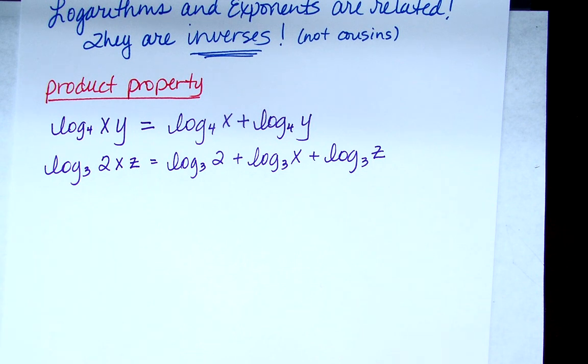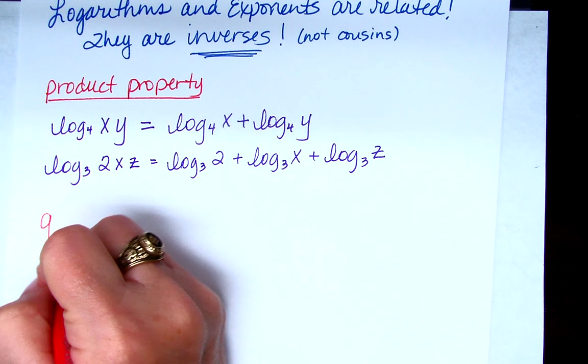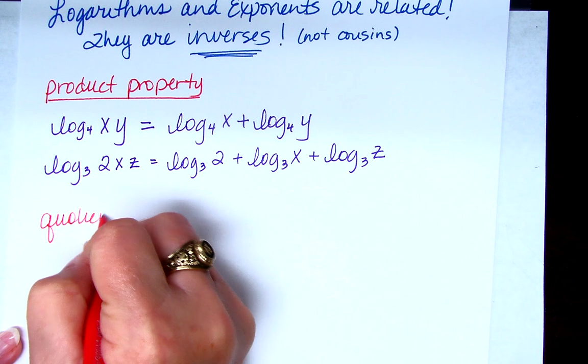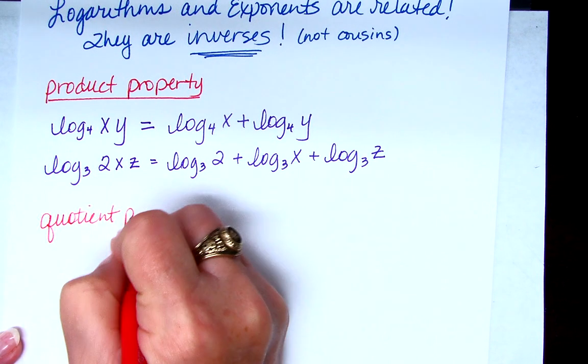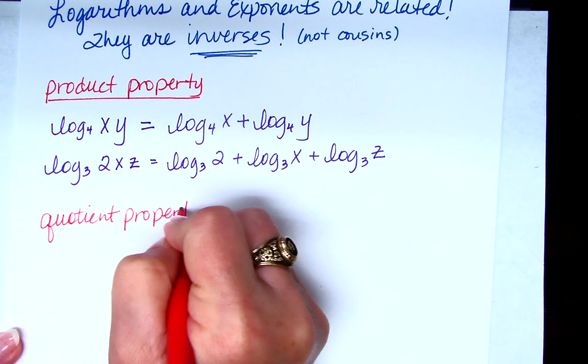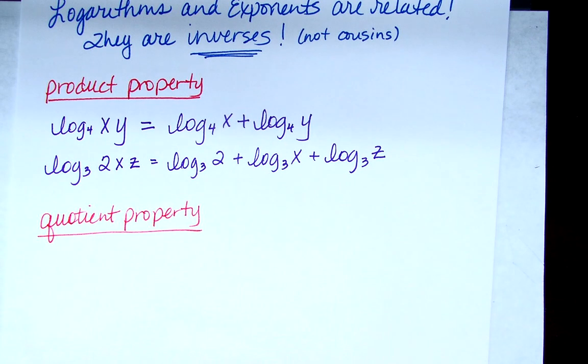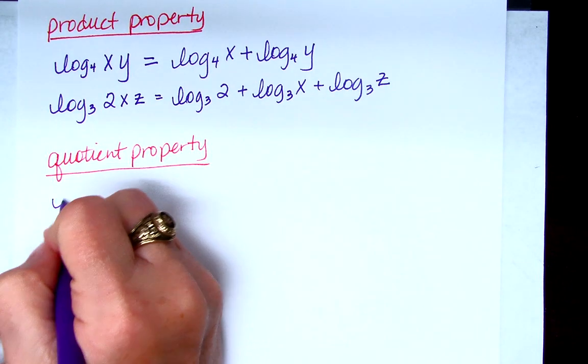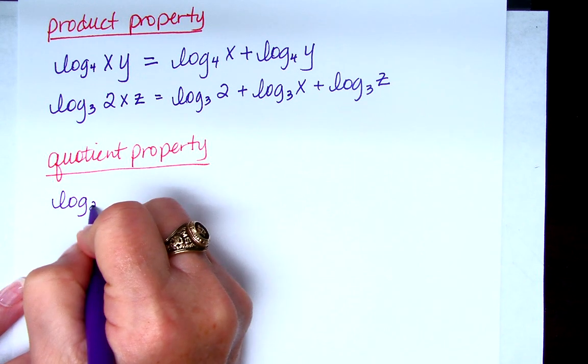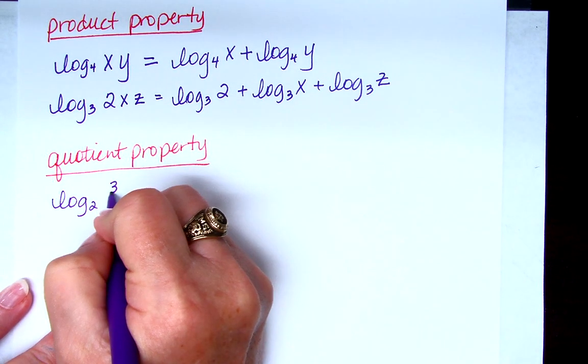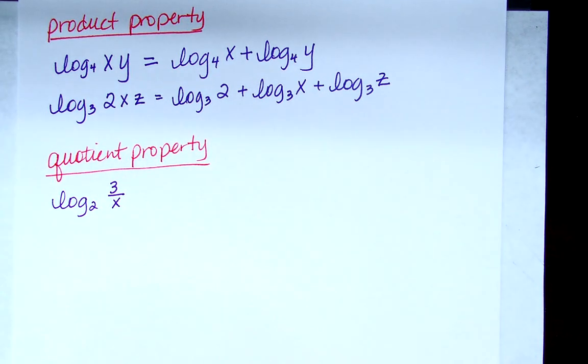Now let's talk about the quotient property. In the quotient property, the problem looks like this: log base 2 of 3 over x.